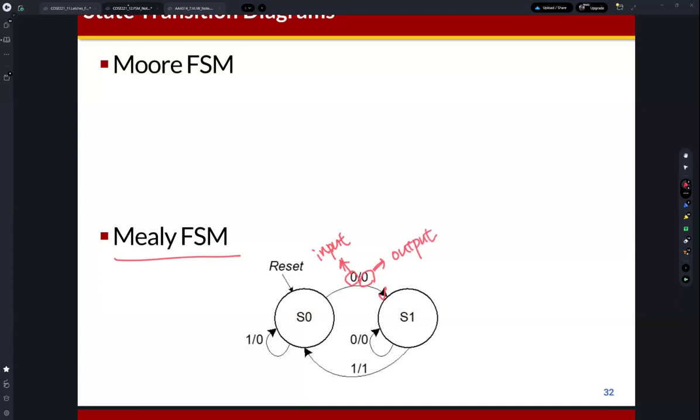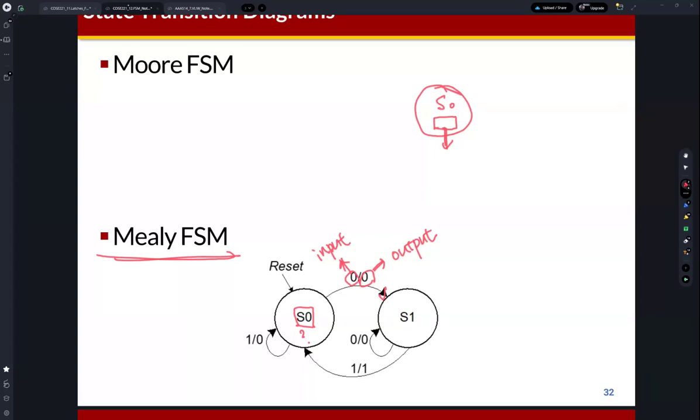So when we learned about the Moore FSM, you can observe that the Moore FSM has states like S0. Actually, the output is defined inside of state, right? Because the output is determined by only current state. Then what is different? In the Mealy FSM, you can find that this is state, but we cannot find any output here.